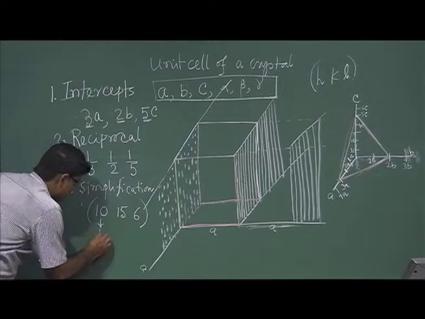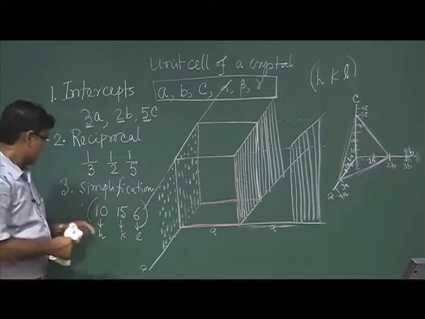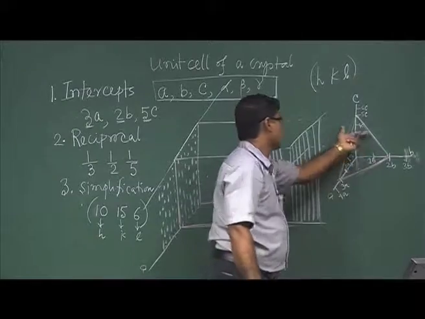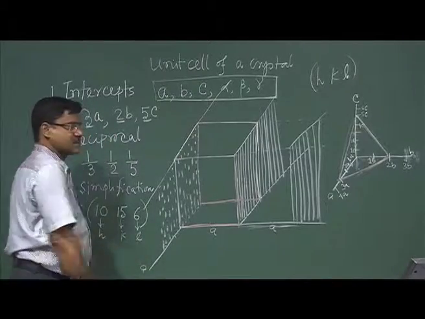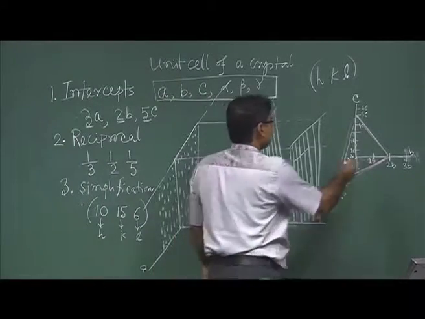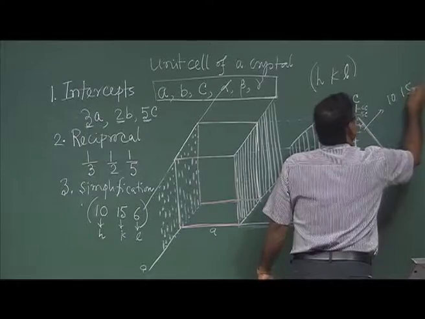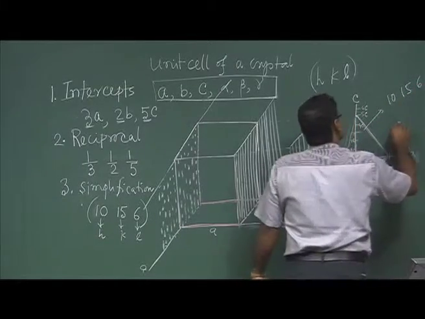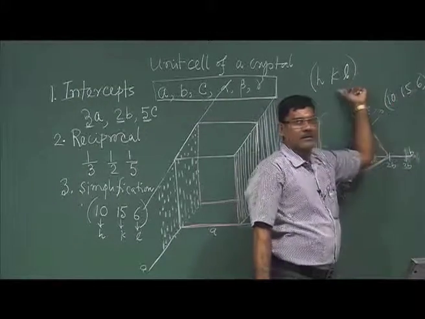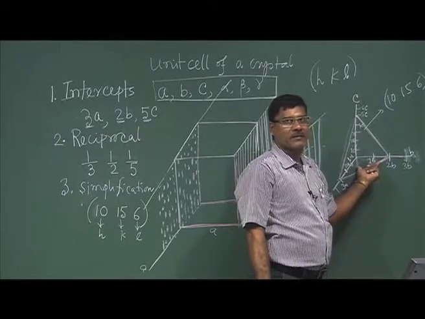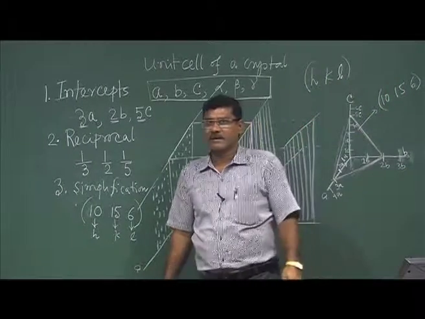This is H, this is K, this is L. So this plane is called the 10 15 6 plane. These are the HKL planes, where the value of H is 10, K is 15 and L is 6.